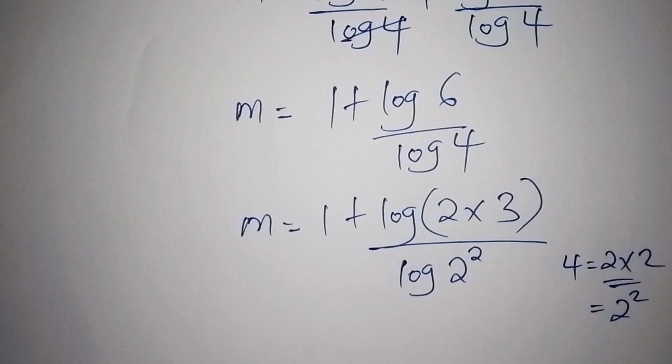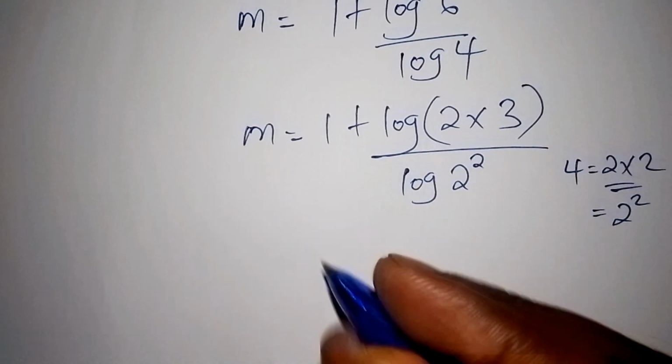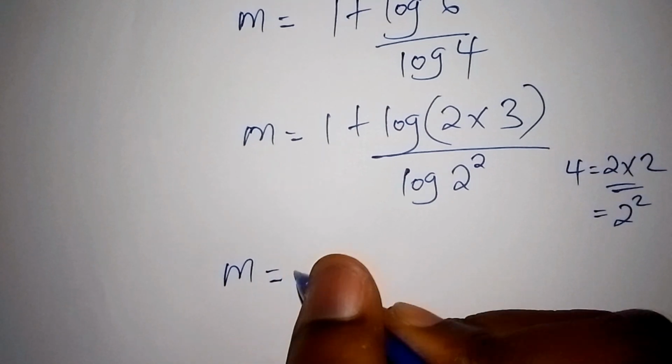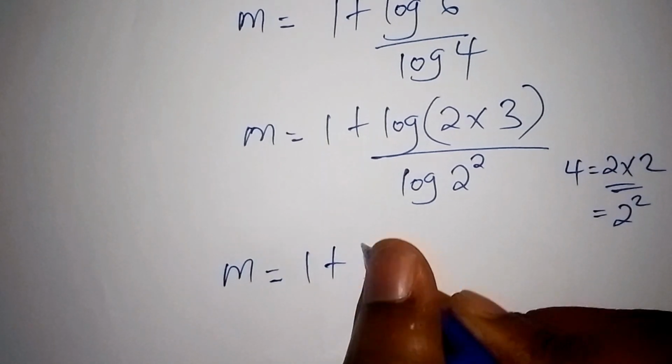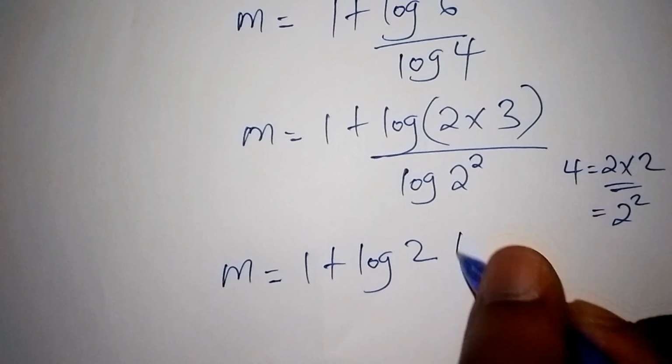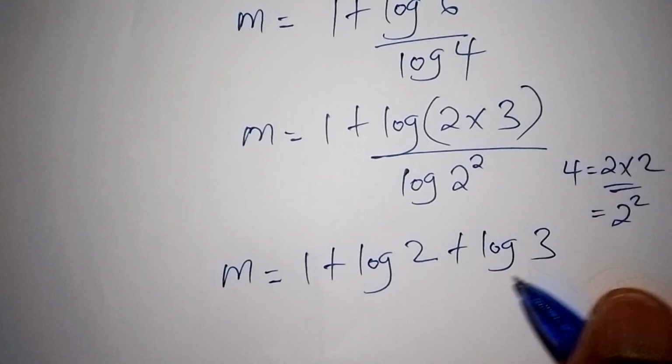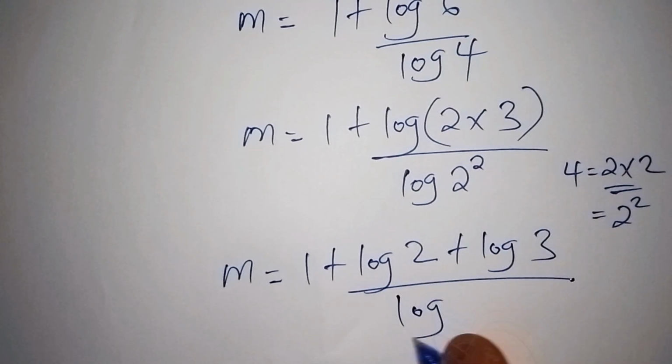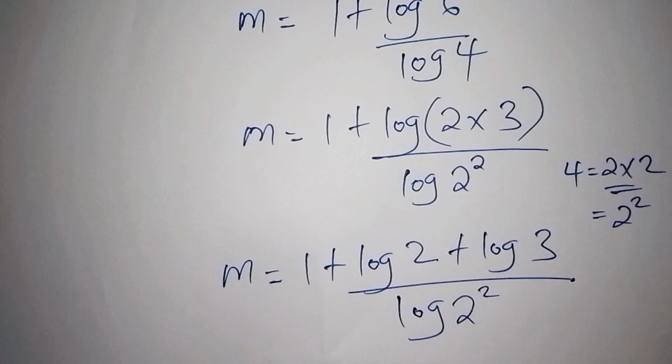So in this case, we shall now say that our m is equal to 1 plus the log of 2 plus the log of 3 all over the log of 2 to the power of 2.